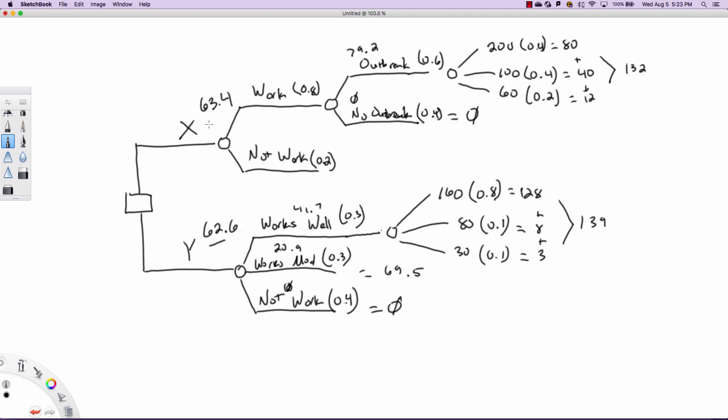So there's my final right there for drug X. Drug Y, just a little bit lower than drug X. So, based on this decision tree here, we should be going with drug X because it saves just a little bit more, or estimated to save some more lives.